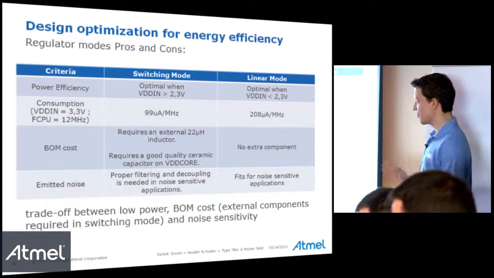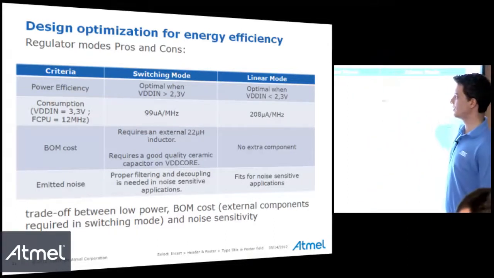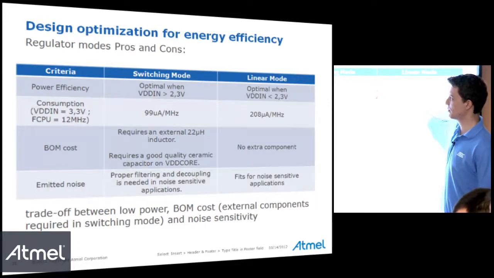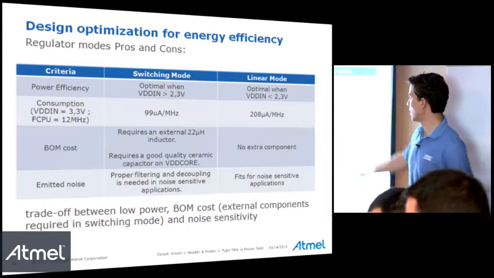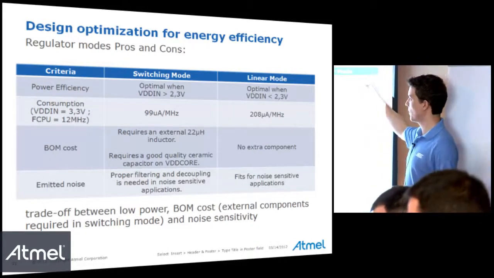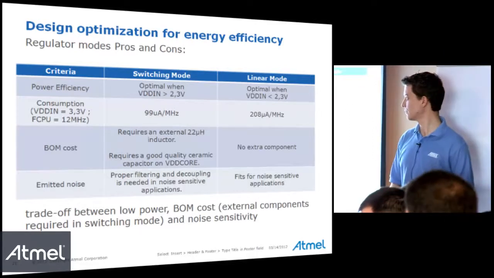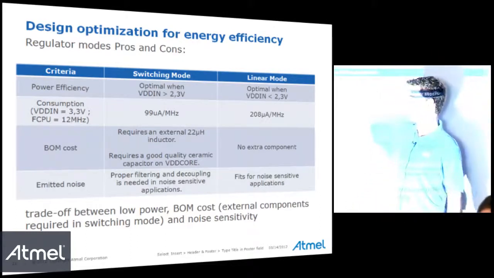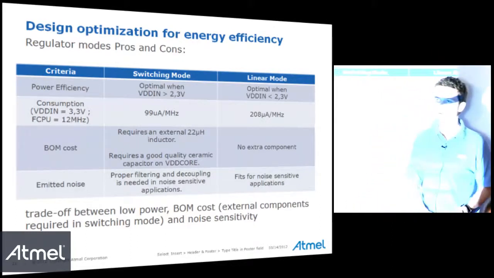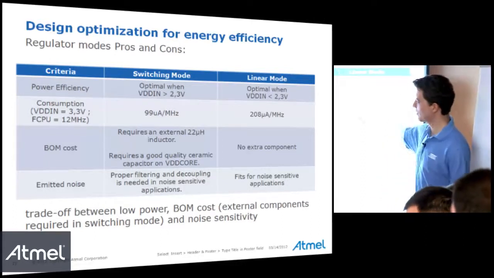If I summarize everything in one slide, this is mainly for power efficiency. The switching mode is optimum when VDD in is above 2.3 volts. Linear mode is optimum when VDD in is below 2.3 volts. If we take one example, if my application is running at 3.3 volts, so VDD in at 3.3, and I perform measurement, I can see this.